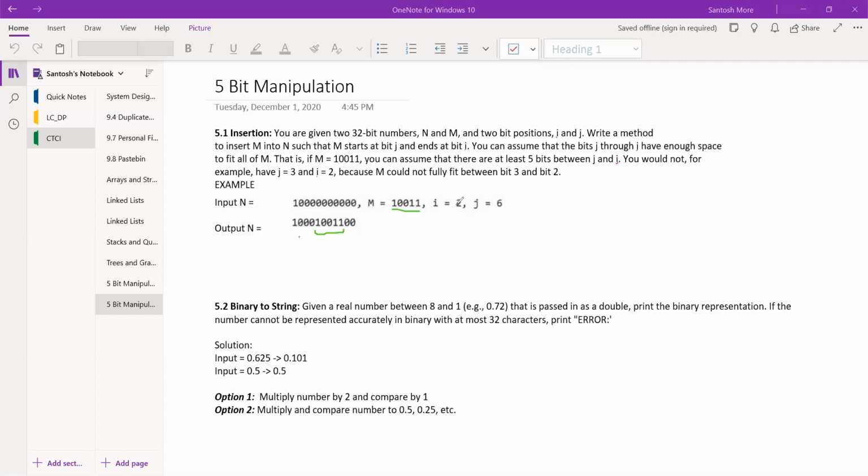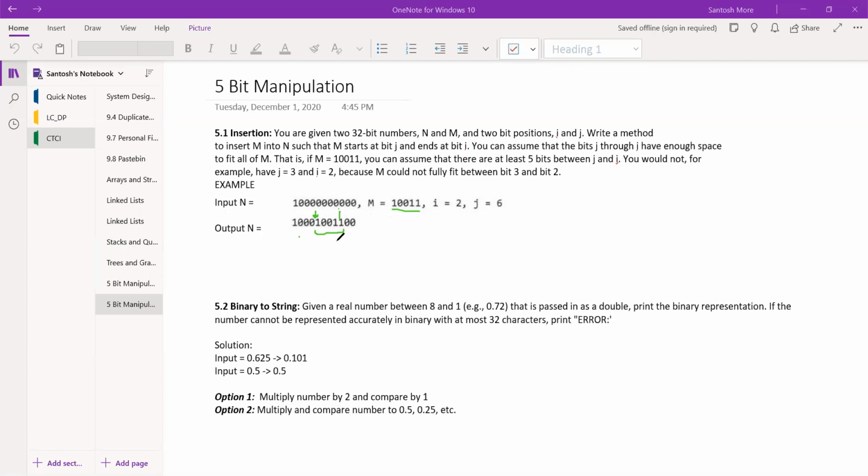And I is here, which is index 2: 0, 1, 2, and j will be 3, 4, 5, 6. So j will be exactly over here. This will be I, and that will be j. So we have to just insert this.